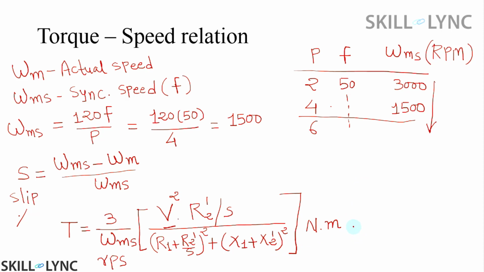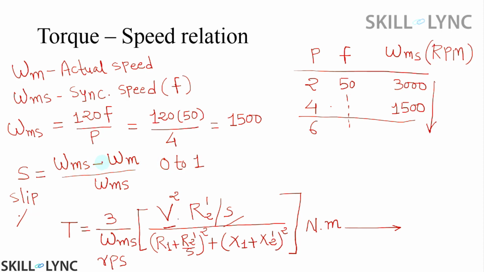So if I implement this equation and if I vary this parameter called slip, how is it going to vary? Usually its range in the motoring region of operation is going to be from 0 to 1.